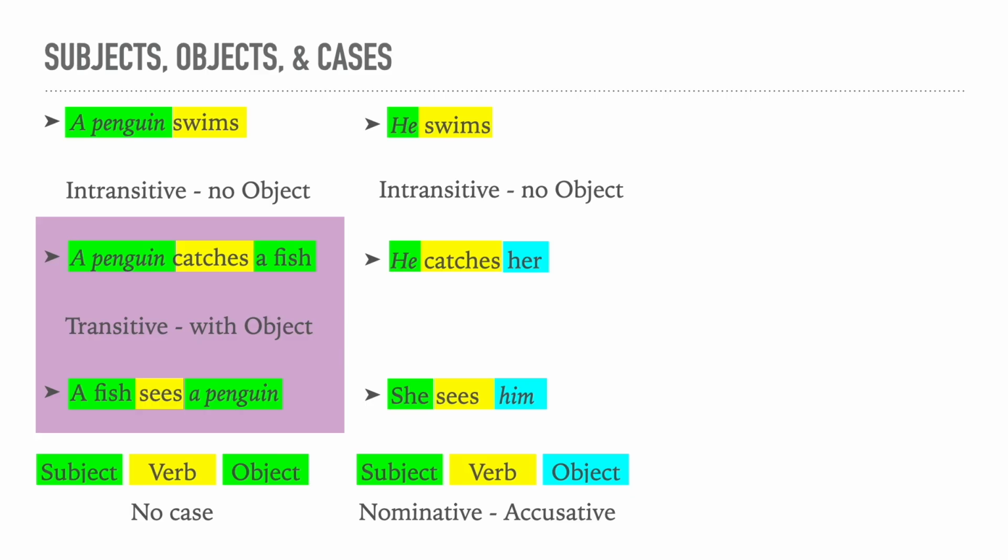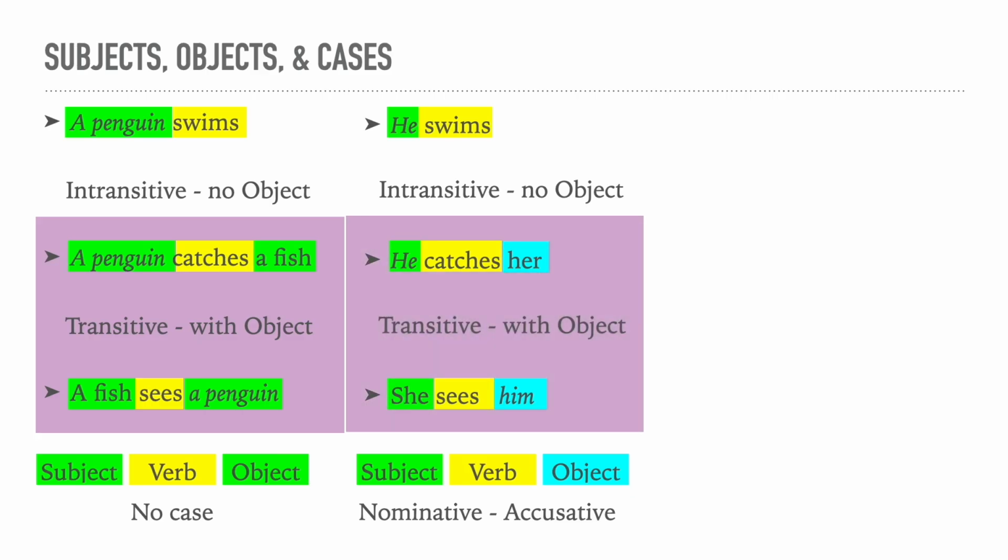But in English, the only clue to a case system, the only examples we have are from our pronouns. So we can see that when it's the subject or the person doing it, he. When it's the object, this becomes him, and similarly she and her.